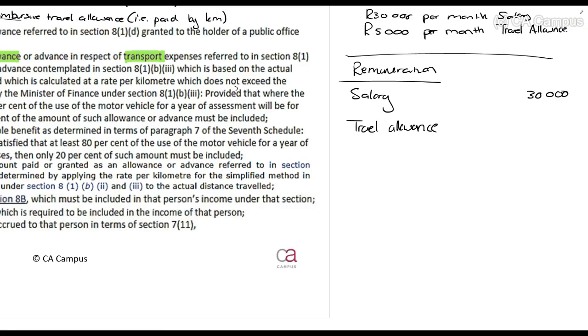So basically what you do is perform this calculation where you say the amount received, and then you say less business travel cost, which is basically a cost per kilometer times the business kilometers. Right.